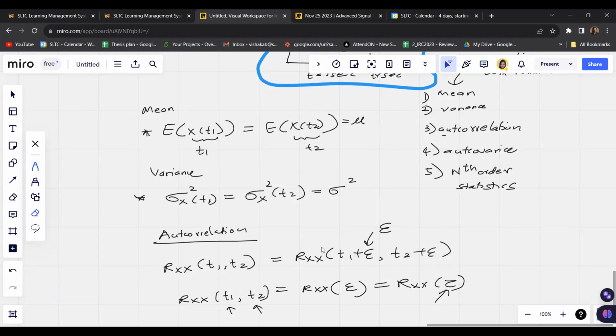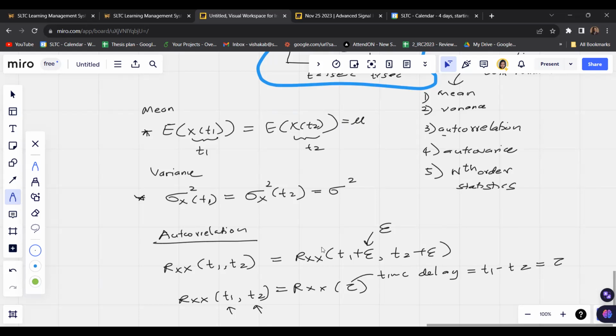Actually, I think I need to explain it a bit further. In here, this autocorrelation value depends on the time delay between these T1, T2 time variables. The time delay between T1, T2 is given using tau, right? Whatever the time delay between these two time variables, we define using tau.